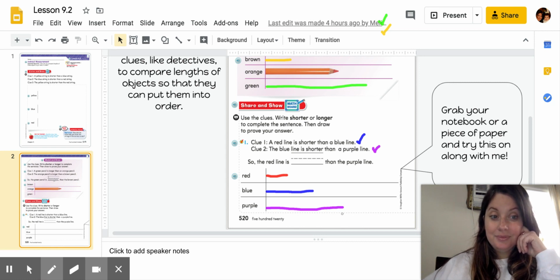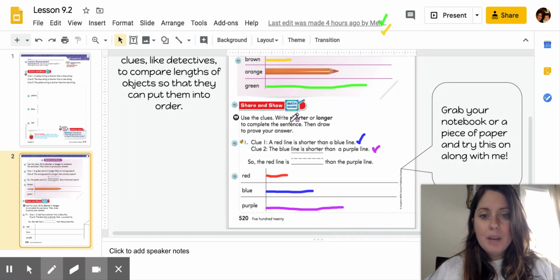If you said shorter, you were right. I'm going to underline this word because I'm going to need to spell it right here. And it's probably going to look a little messy because I'm just getting used to using these markers.